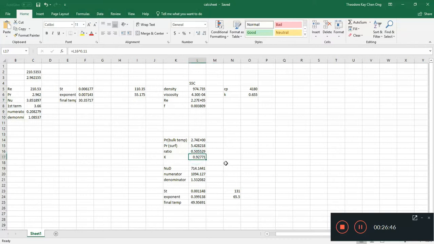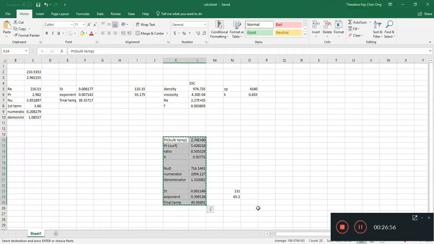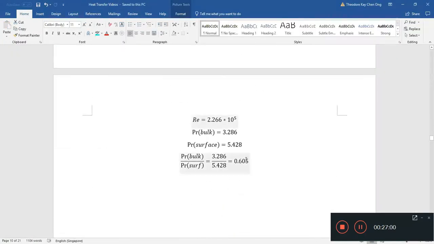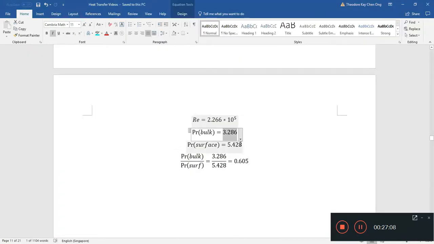And then our K values become this. Our Nusselt number becomes this. And the Stanton number becomes all of that. Alright, let's do it one at a time. So we find our new Prandtl number at the bulk is 2.74. So the K value, 2.744.